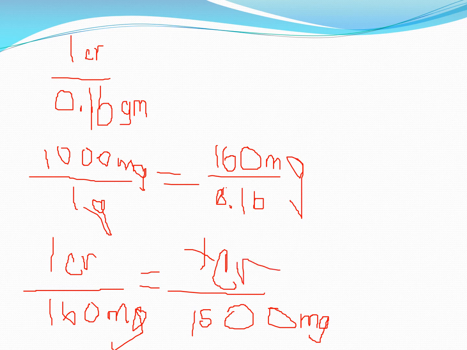Okay, so we're going to take 1500, we're going to multiply 1500 by 1. So we're going to have 1500 basically divided by 160. So we're going to do the cross multiplication. 1500 would be in your house, and you would divide that by 160. So cross multiply and then divide by 160.